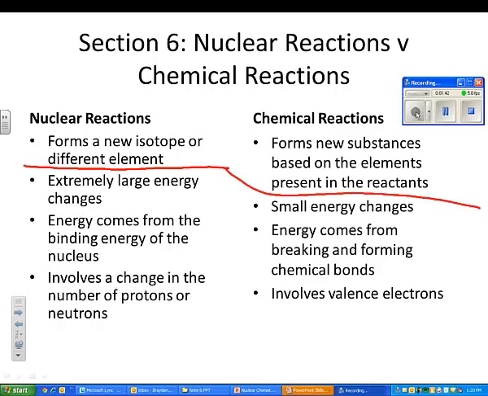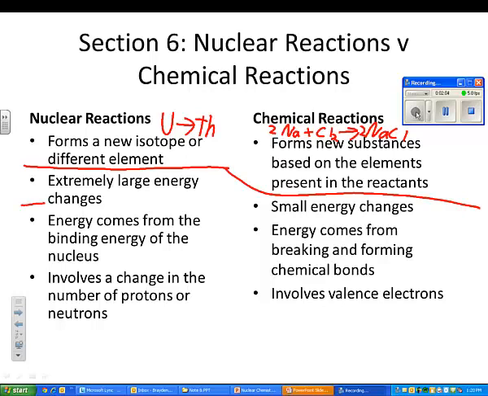So from here, we're going to go from a uranium to a thorium. Okay, two different elements. Whereas another one, we would start with a sodium and a chlorine and form a new substance called sodium chloride. We can balance that out if we wanted to. So you see the differences there. One's a new element, one is a new substance.